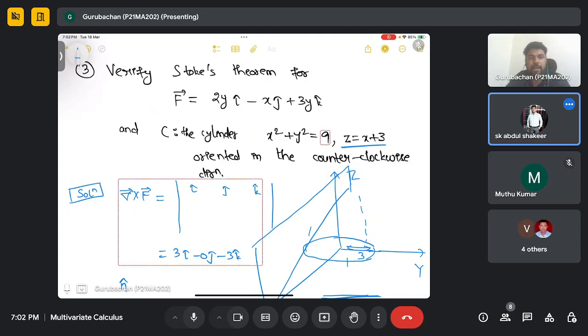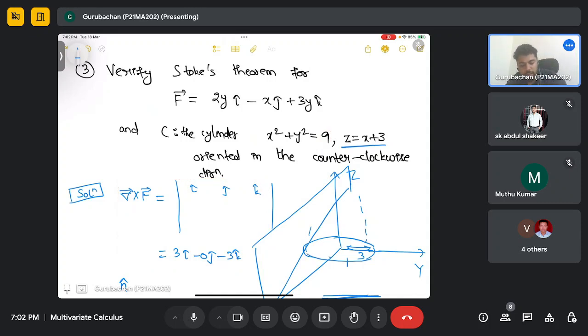Del f by modulus of del f. Let me complete it. Observe from the statement, the surface is open from here, x square plus y square equal to 9. So you cannot take the outward normal vector over here. We have to take the outward normal vector from this surface which is bounding above. And what is its surface?